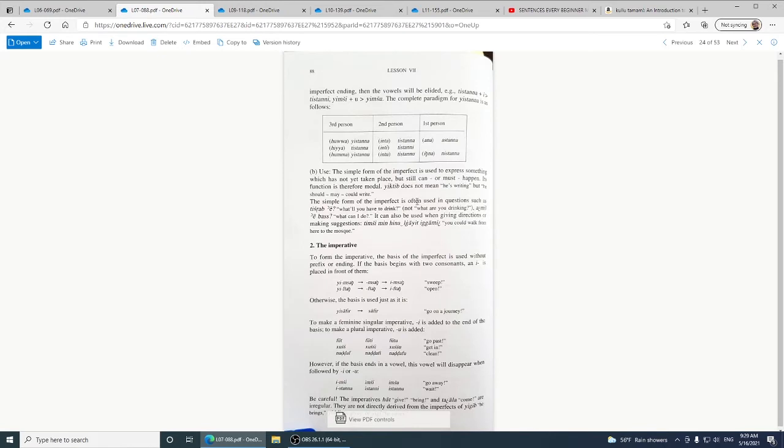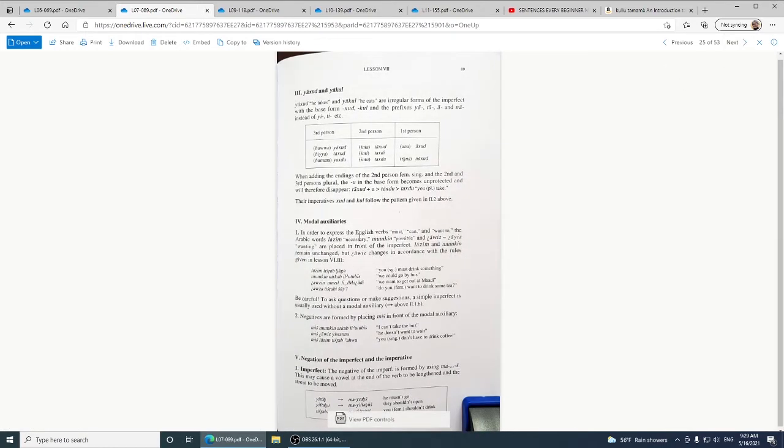Fortunately, this is not too complex, but you should understand it. And then, based on this, it gives you an introduction to the imperative forms, and also an explanation of the yahud and yakul examples, which are in a sense exceptions, that is, irregular forms of these verbs.